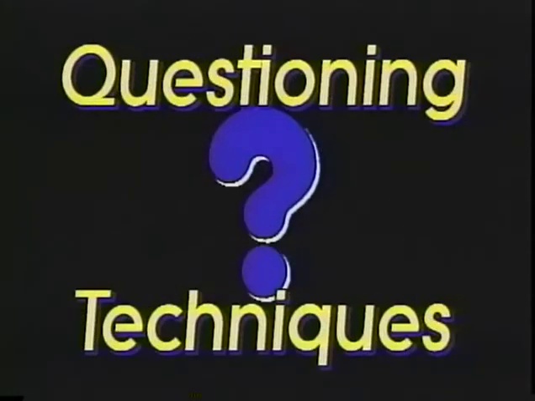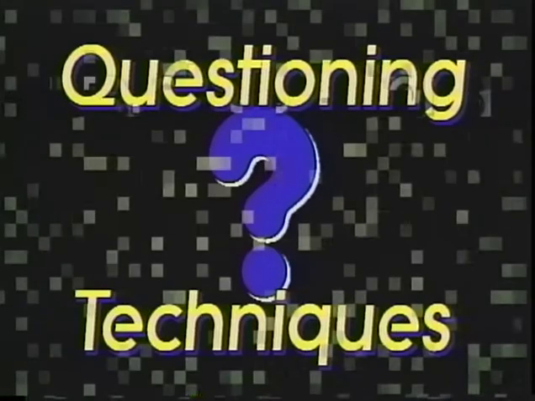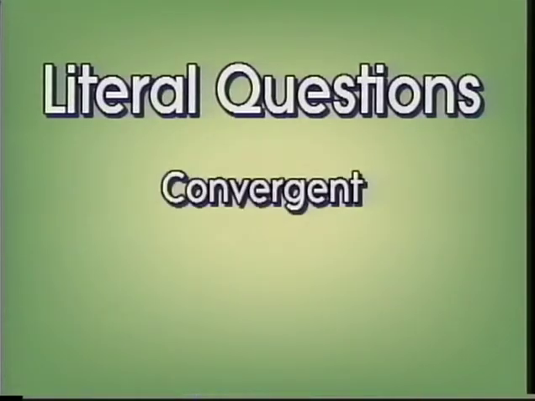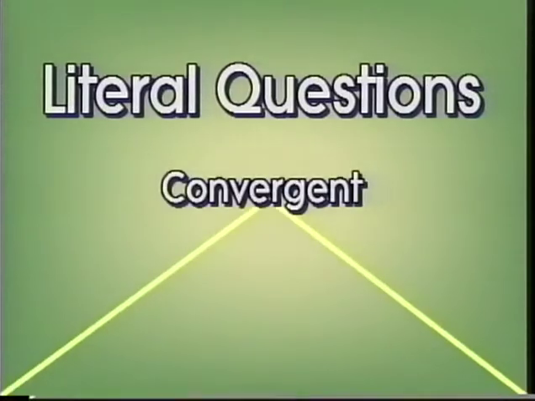Since instructor questioning plays such an important place in instruction, let's look at some question types. A literal type question requires a student to make a convergent thinking operation. That is, converge on the right answer. A literal question demands that a student remember explicitly stated information.